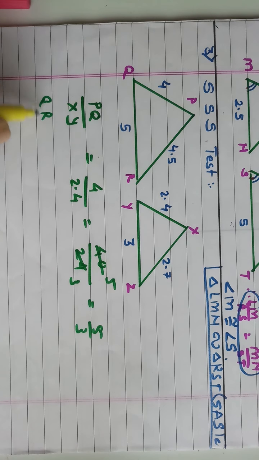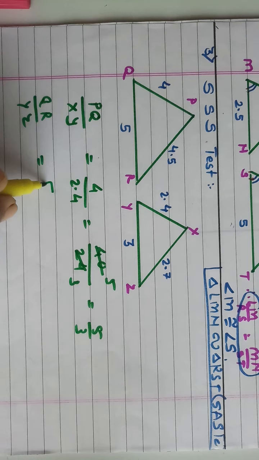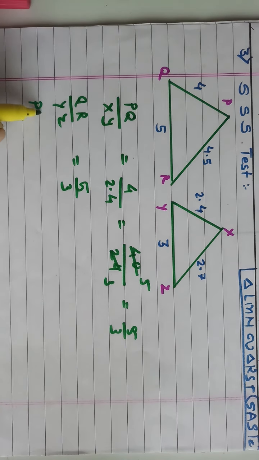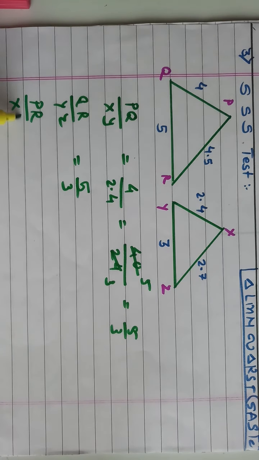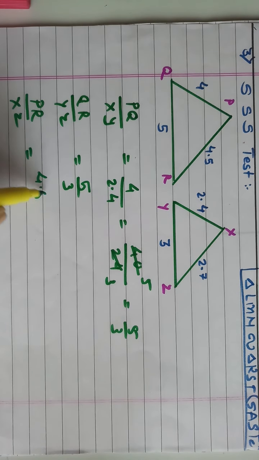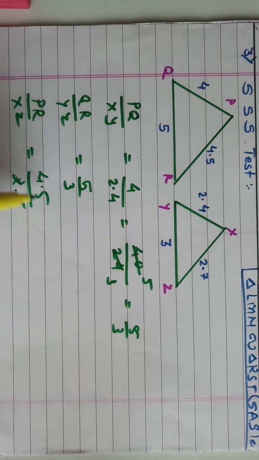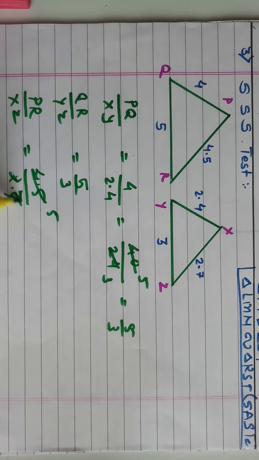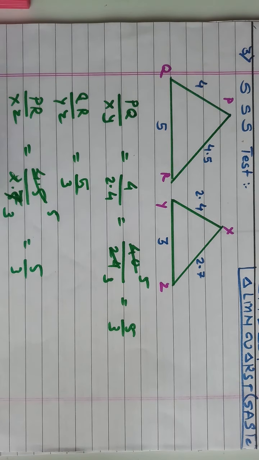Second is QR upon YZ, it's already 5 upon 3, there is no common factor. And the ratio of PR to XZ is 4.5 upon 2.7, dividing by 0.9, once again 5 upon 3.